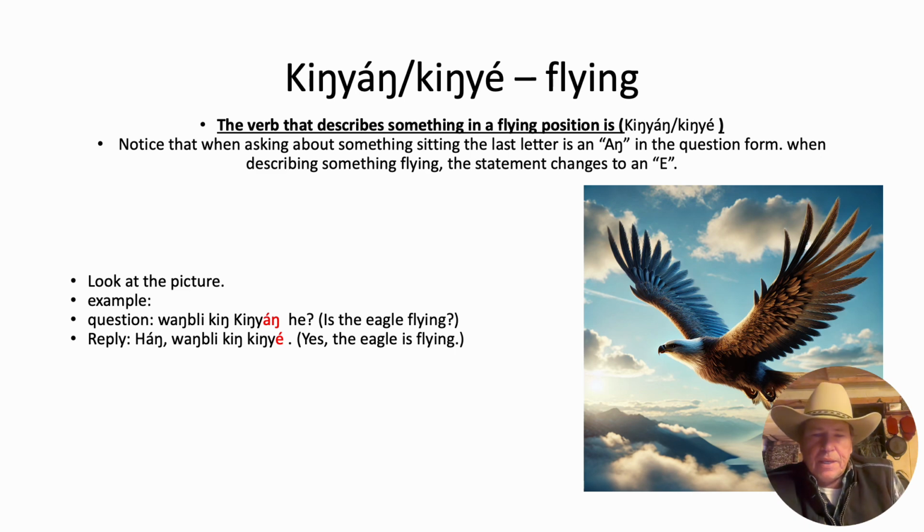So you should be catching on by now how certain verbs, not all of them, but some of them, are going to change from the question form to the statement or the reply. In this case, wambli is the eagle, so wambli ki, kia. He, remember, is the female question ending. Huo is the male question ending, but men do use he.